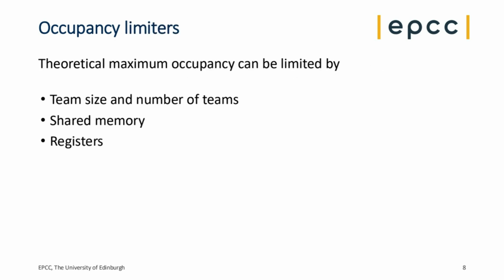So the occupancy is limited by things like the team size, the number of threads you have running per team, and the number of teams, the amount of shared memory that's dedicated to one particular team, and then the number of registers that are available for each team. The register is like the lowest form of memory in that it's the fastest to access, and it's the memory, the registers, that the threads will take their data from.